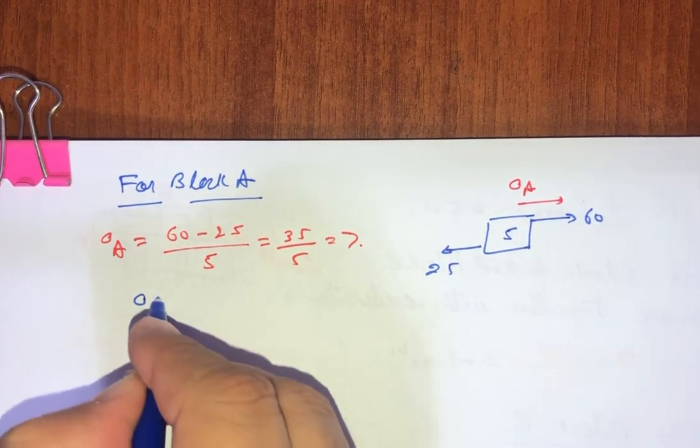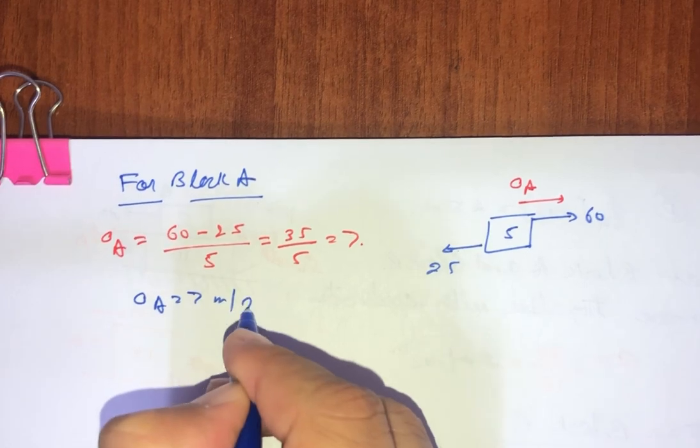So acceleration of block A will be 7 meter per second square.